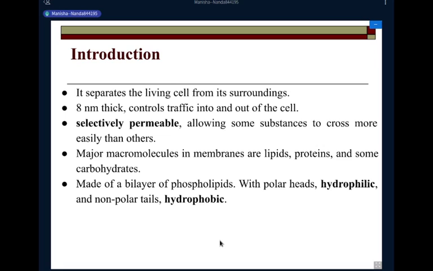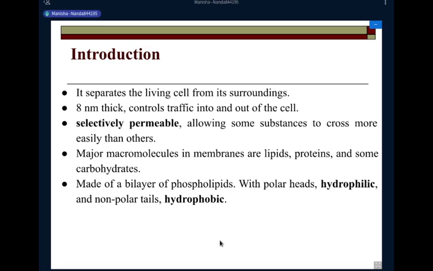So the plasma membrane separates a living cell from its surroundings. Its thickness is approximately 8 nanometers, and it also controls the traffic of different molecules into and out of the cell.